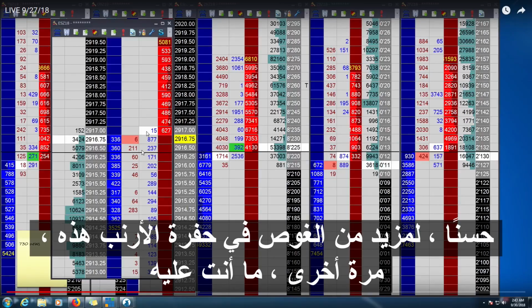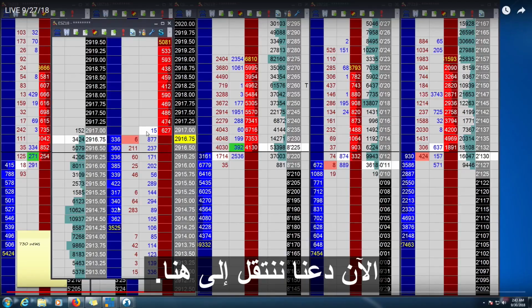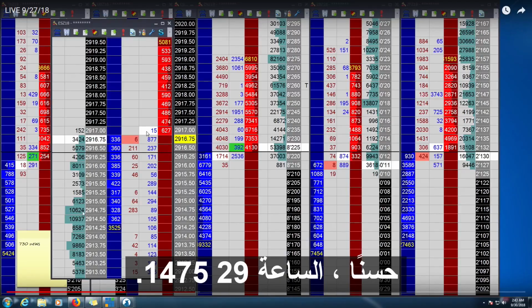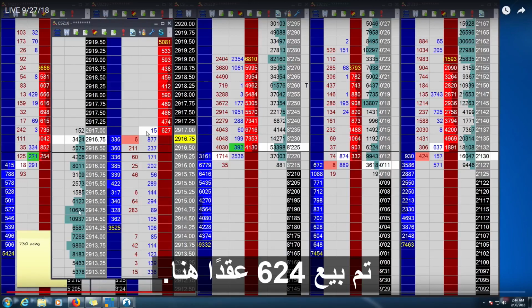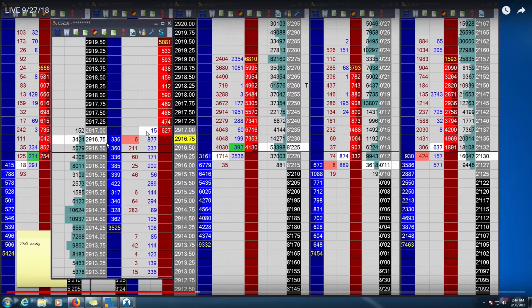To further dive into this rabbit hole, what you're seeing in the blue column is active orders. At 29.14.75, 10,624 contracts have sold here. This volume profile won't go up until the market gets there.